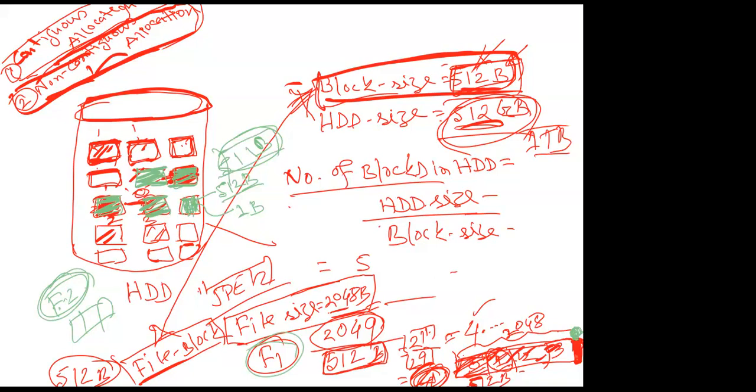So from here you can see that this block is 512 bytes, but you use only 1 byte from this block. So this is wasted. Currently it is wasted. This is the internal fragmentation problem.